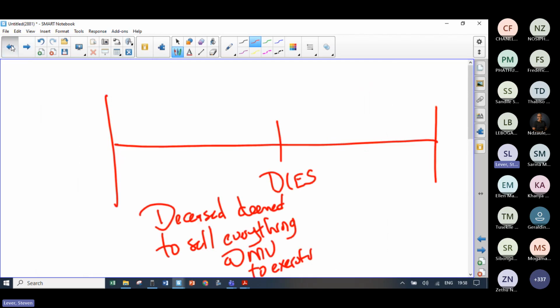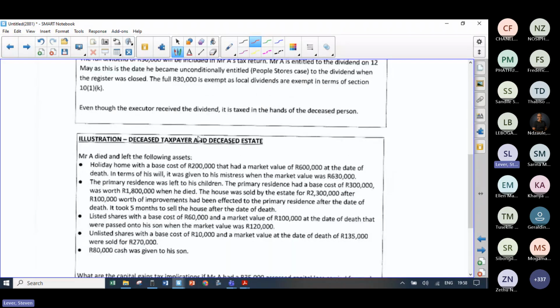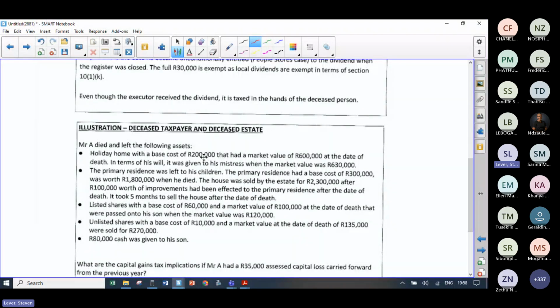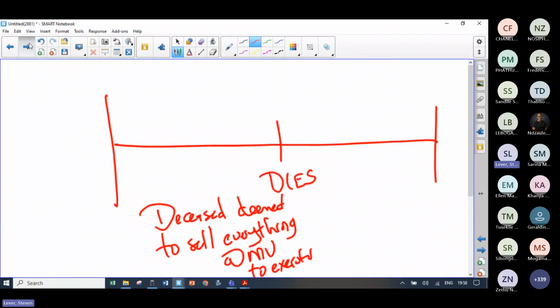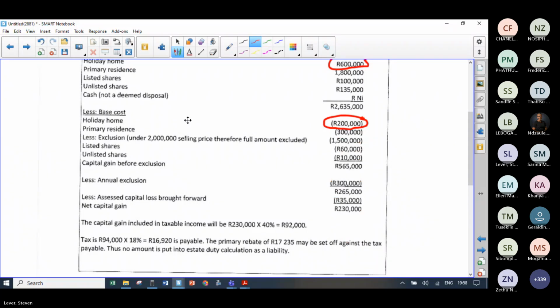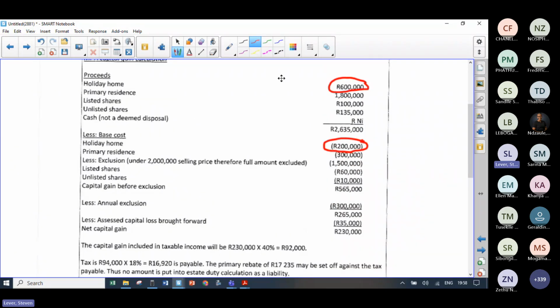Next one, guys. We'll come back to what the executor does with it just now. It says the primary residence was left to his children. The residence had a base cost of 300 and was worth 1.8 million when he died. So what are we going to do as part of the solution? We are deemed to sell it for 1.8 million.